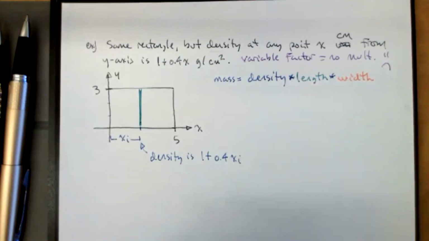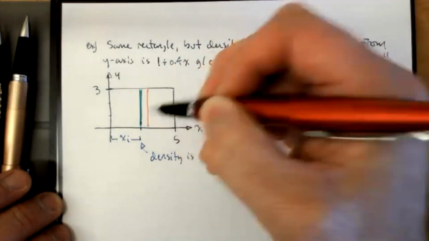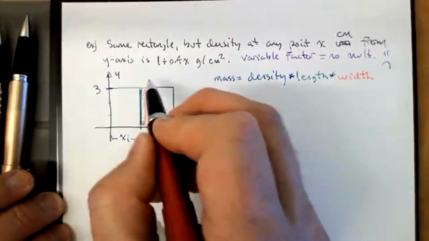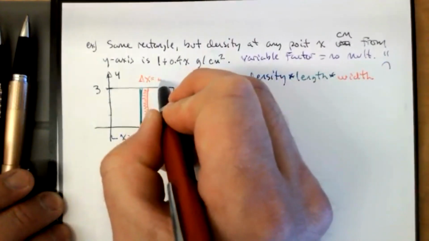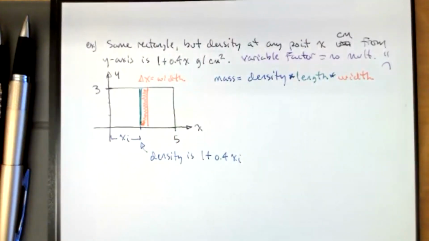Now I need to make an area over which I'm going to use that approximation. So here's my small change in x. There's my width. And my length is constant at 3.